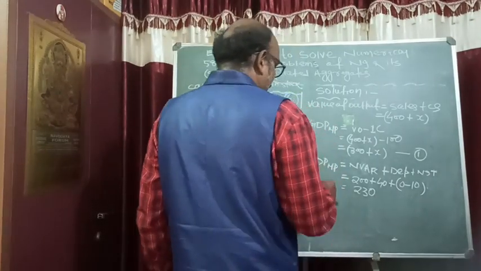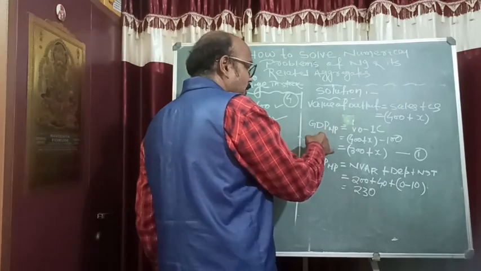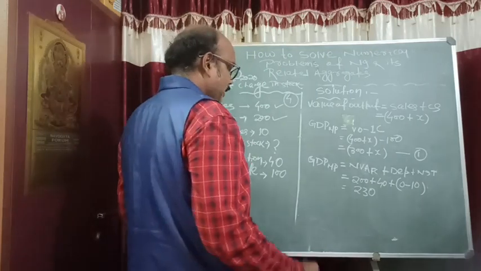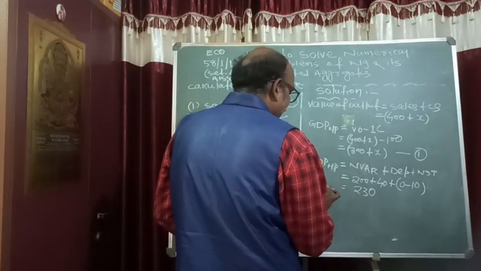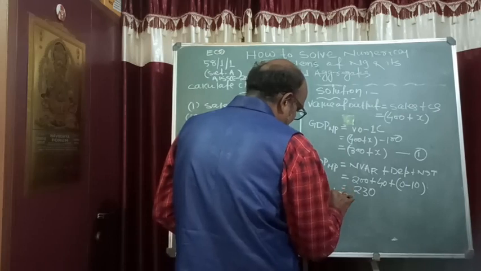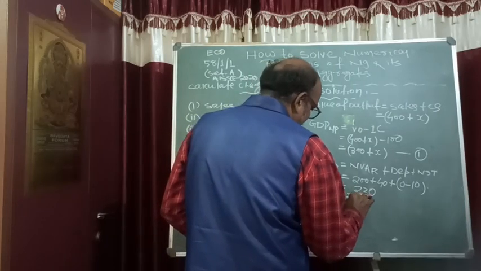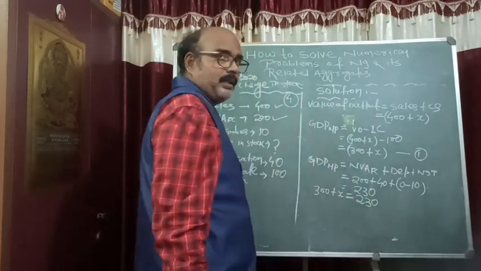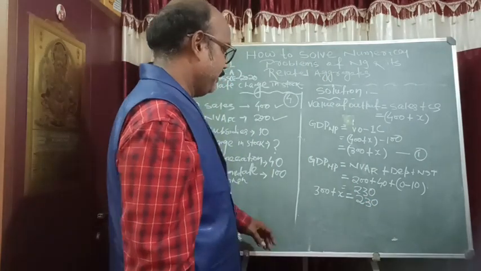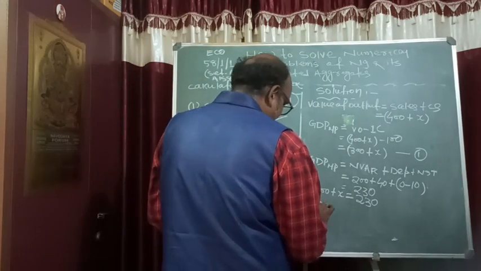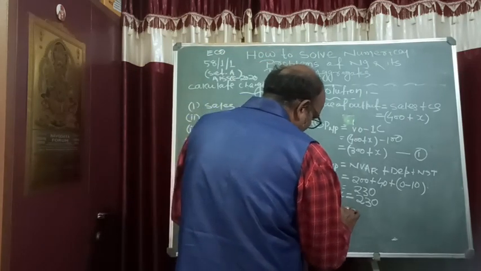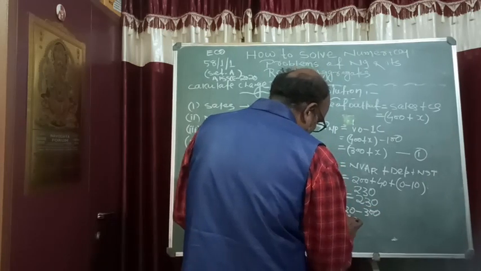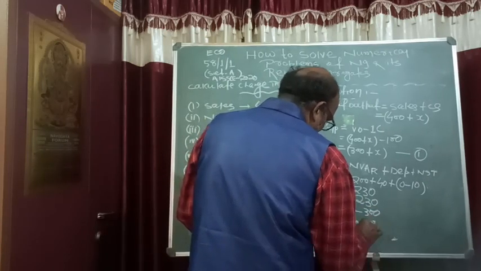But according to equation 1, the value of GDP-MP is 300 plus X. Now we can write that 300 plus X is equal to 230, which implies X is equal to 230 minus 300, that is minus 70 crores.